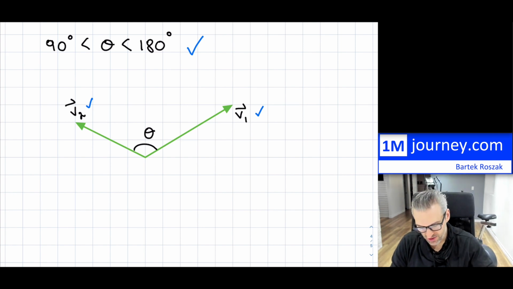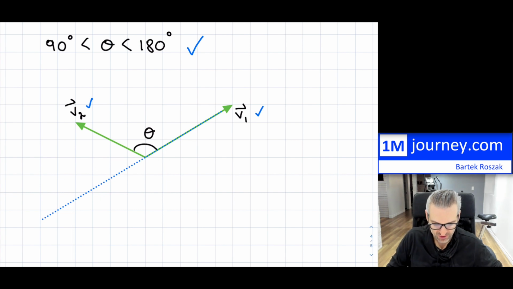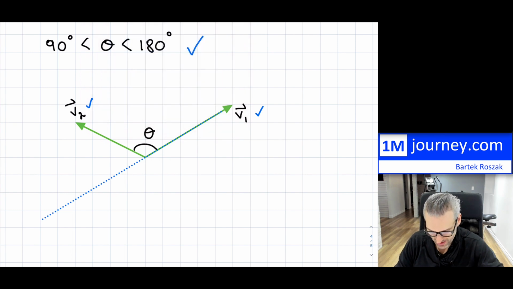Now, in the case where the angle is bigger than 90, you can imagine that you have, I'm going to do a dotted line in exactly the same kind of line as my vector V1. So the shadow that we are now referring to for this case is being dropped down.